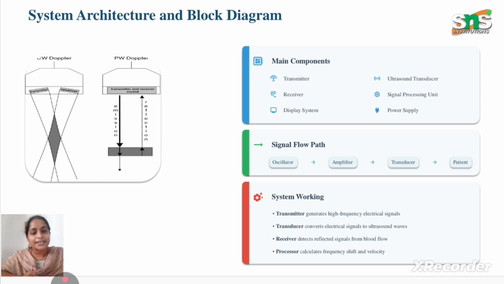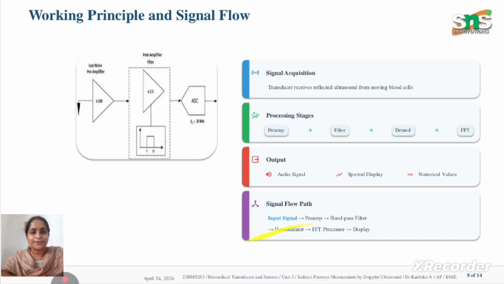This transducer converts the physiological signal into electrical signals, which are used for the patient monitoring system. The transmitter generates high frequency electrical signals. Transducers convert electrical signals into ultrasound. The receiver detects reflected signals from blood flow, and the processor calculates frequency shift as well as velocity.